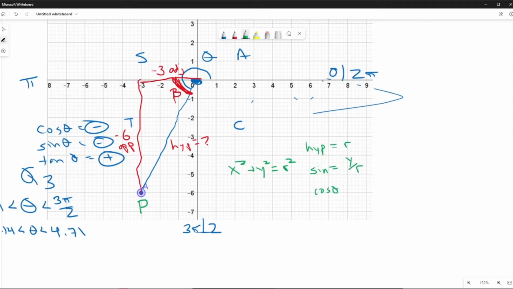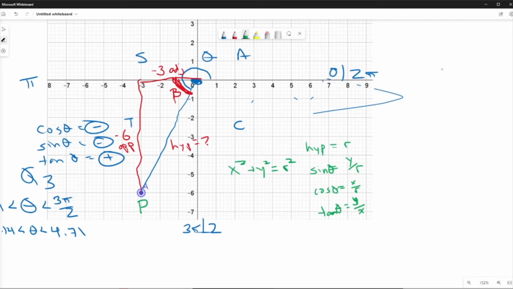Cos would be x over r. Tan would be y over x. Okay? This is really important. How do angles and points connect to each other?